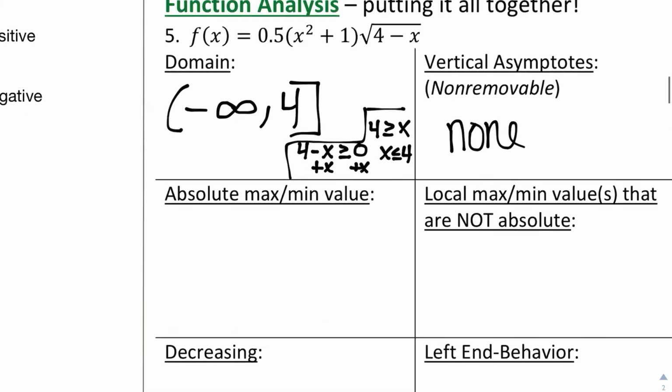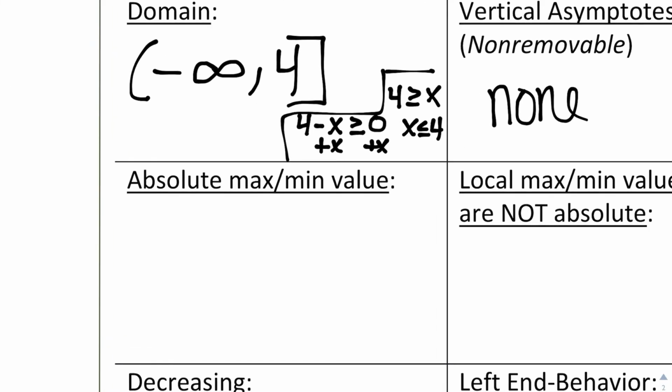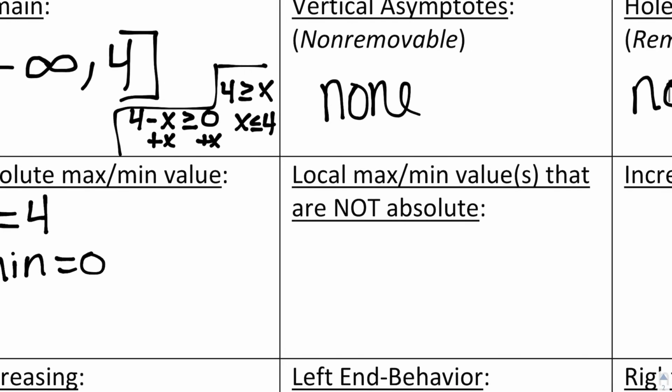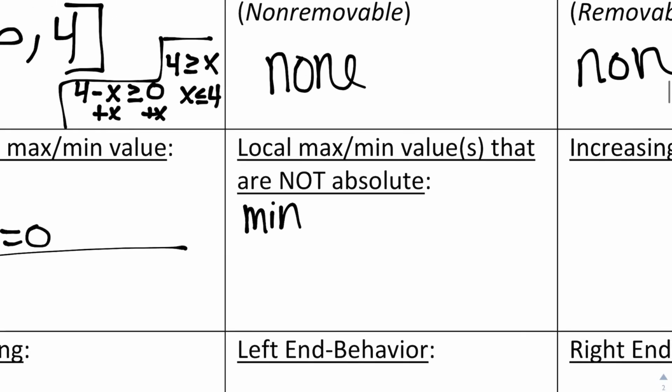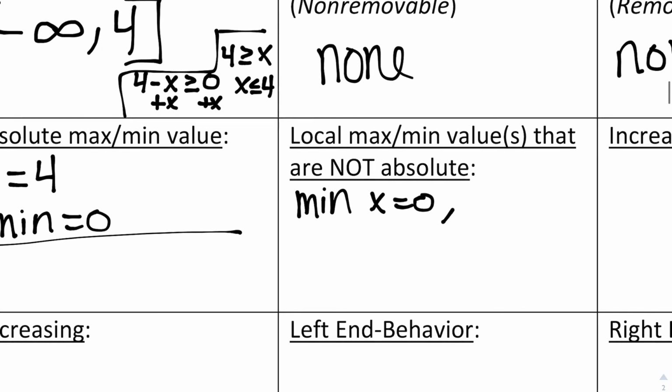So absolute would be when x is equal to 4. The min is 0. And the local min was when x is equal to 0. The minimum was equal to 1.